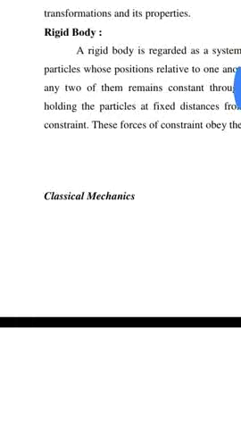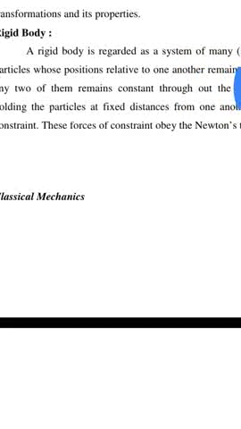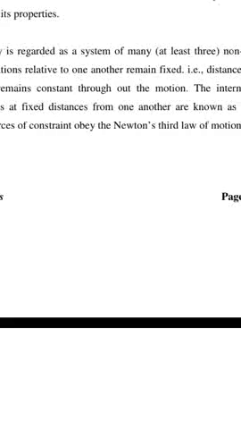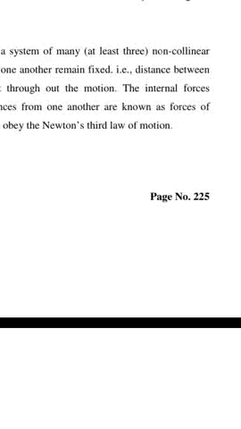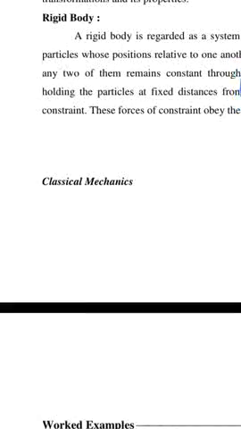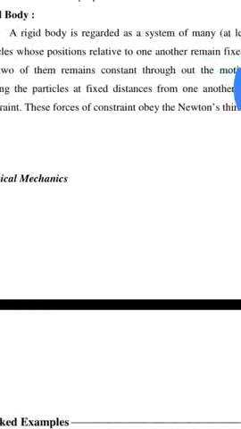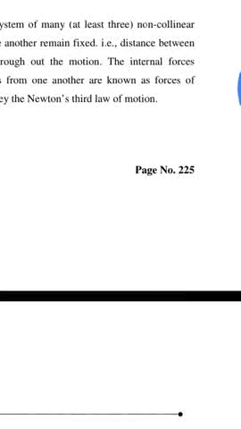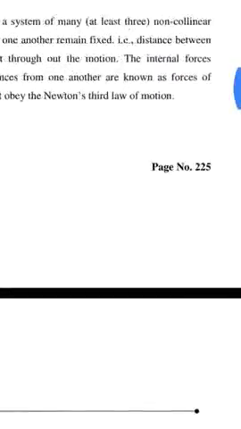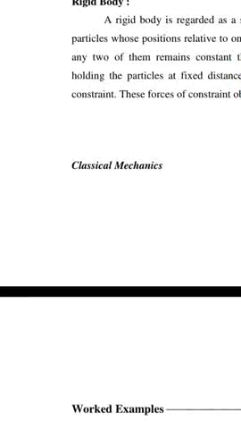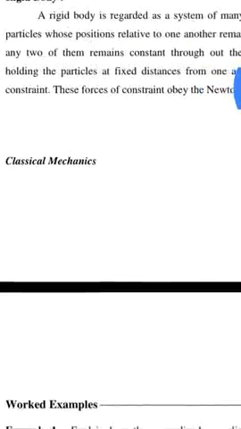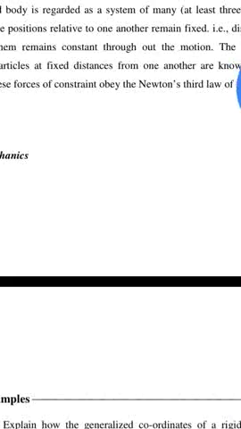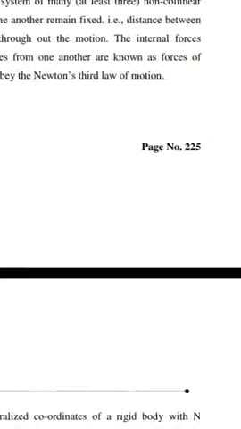That is, the distance between any two of them remains constant throughout the motion. The internal forces holding the particles at fixed distance from one another are known as the forces of constraint. These forces of constraint obey Newton's third law of motion.